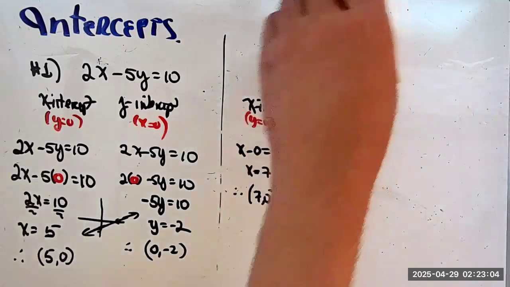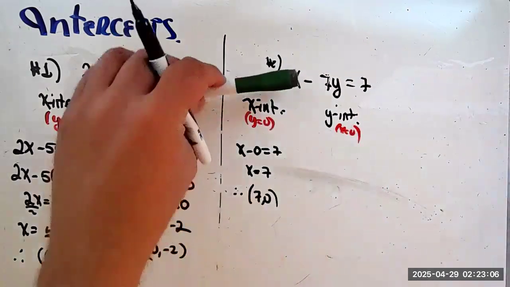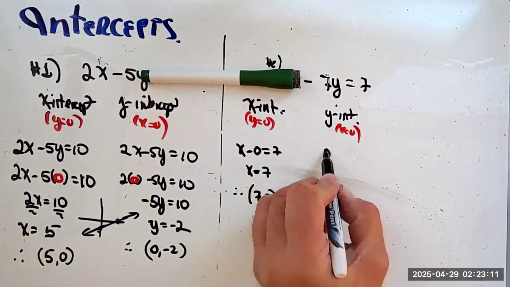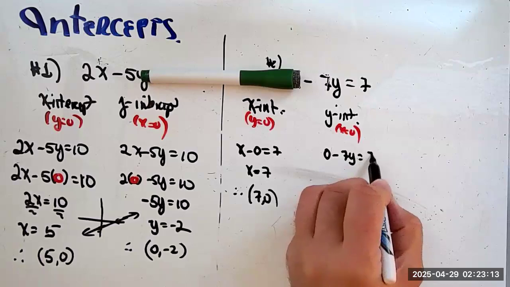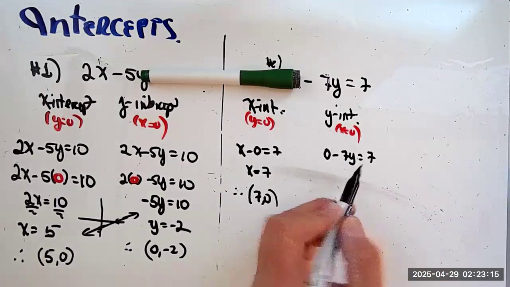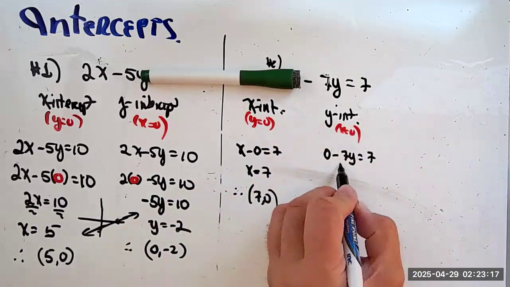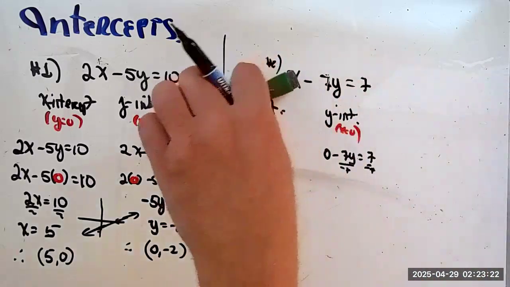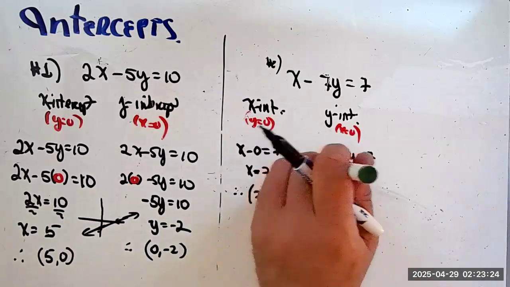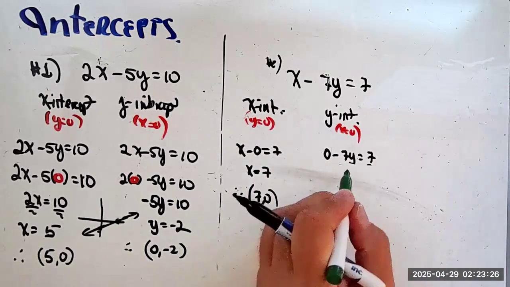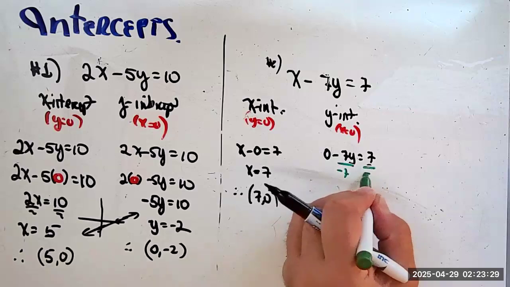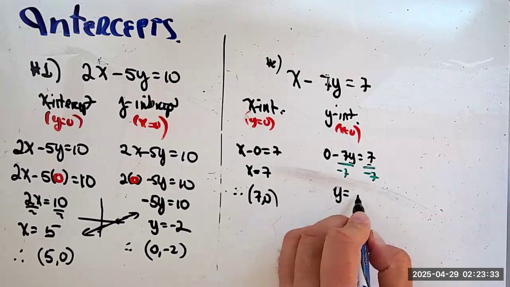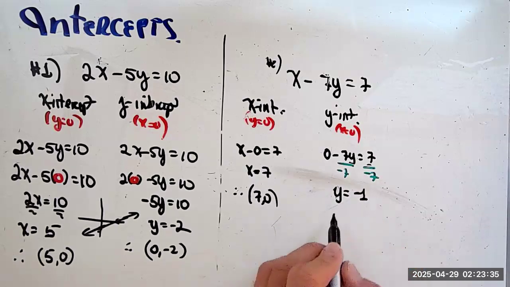For the other one, we make x equals 0, so we end up with 0 minus 7y equals 7. We divide by negative 7, so we have y equals negative 1.